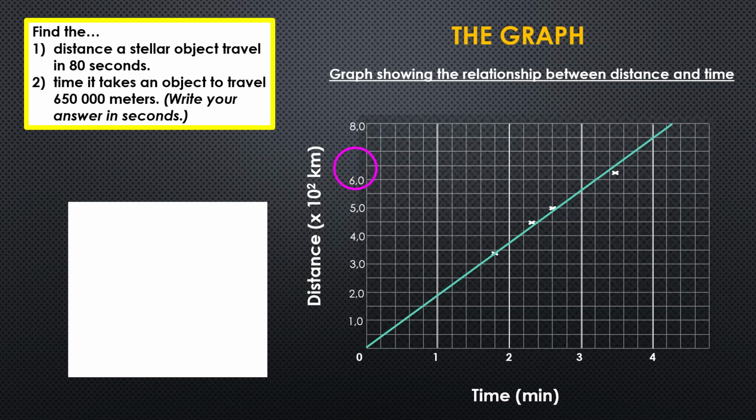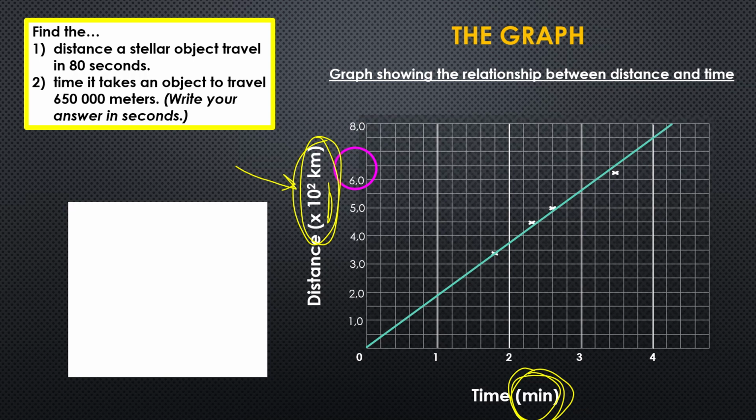Always, before you start, look at the SI units on your axis and look if you can find any scientific notation like you can here. So again, because we have scientific notation, because we will have to convert time from minutes, seconds, kilometers to meters, this is also a level 3 question.